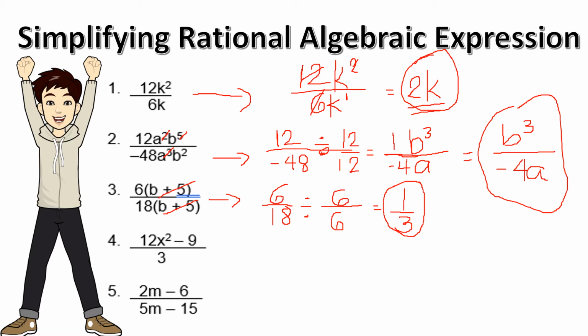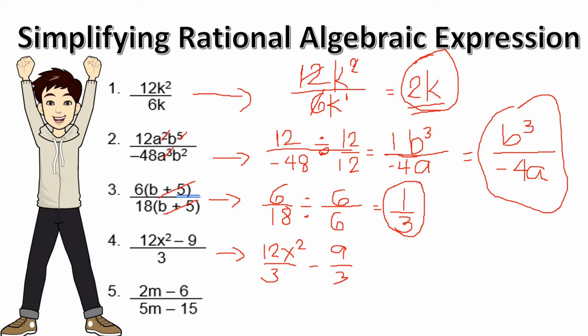Okay, next, number 4. We have 12x squared minus 9 divided by 3. So pwede natin i-separate yung ating terms sa numerator. Pwede namang gawin natin 12x squared over 3 or divided by 3 minus 9 over 3 or divided by 3.